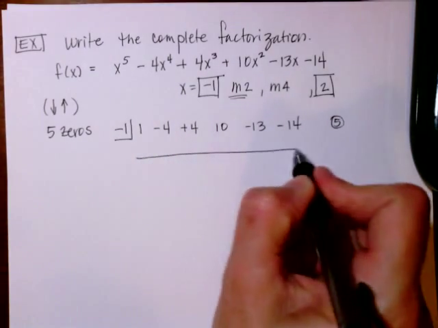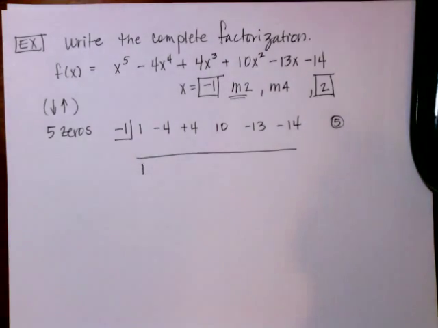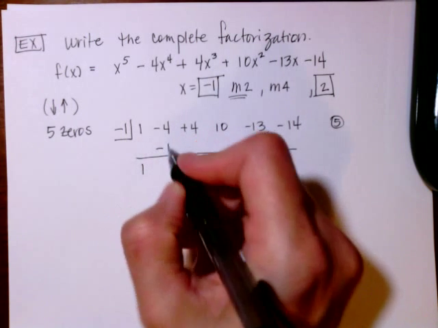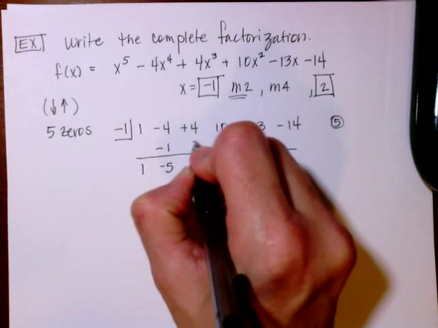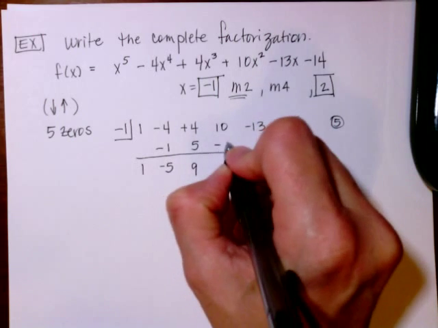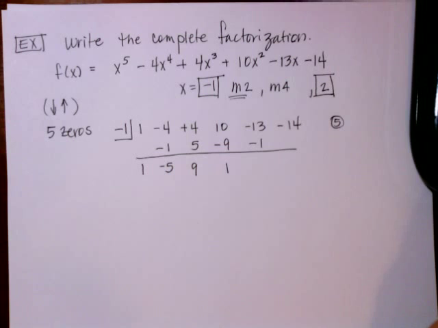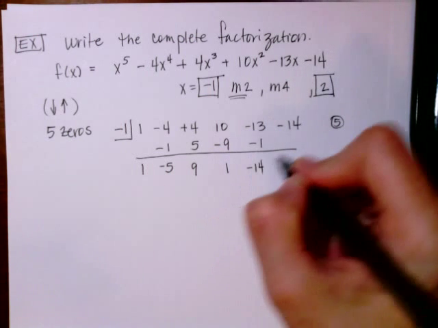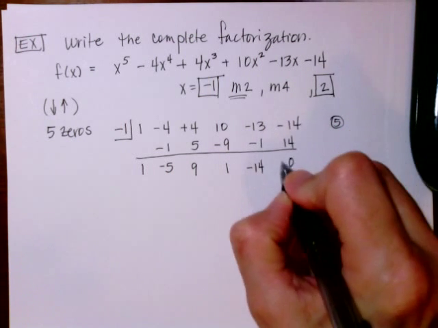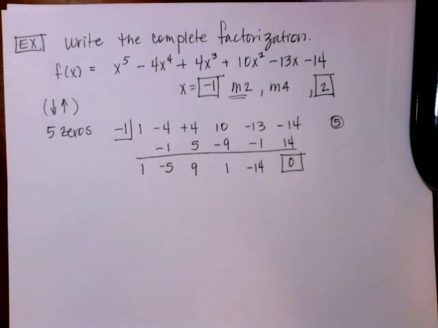Bring down my straight line, my first term, multiply by negative 1. This is negative 5, positive 5, 9, negative 9, 1, negative 1, negative 14, positive 14, 0. This is good because this tells me that the negative 1 was actually a 0.